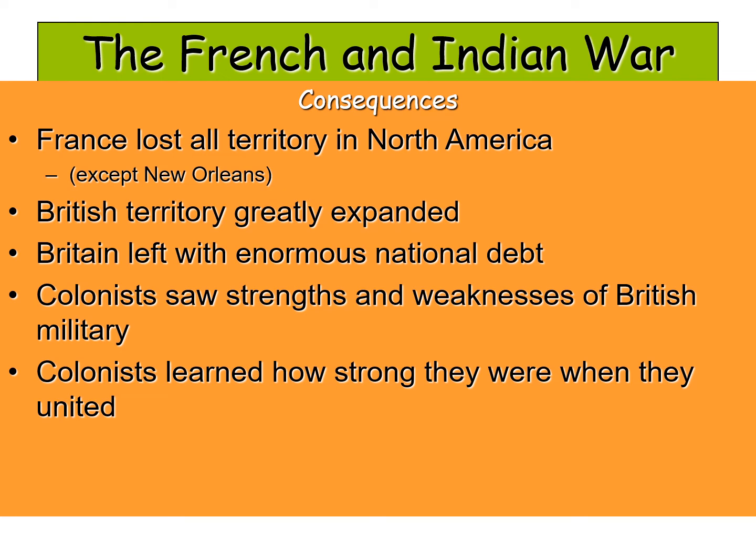So when they came together to fight the French and Indian War, they learned some lessons about what they could do when they were united. And that is going to carry on with them when they move into the years leading up to the Revolution and realize that they're going to have to work together to push back against Great Britain.